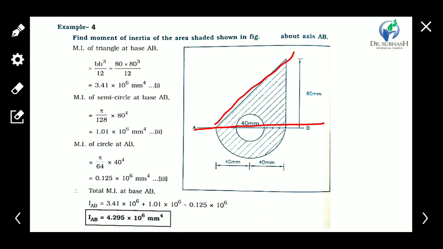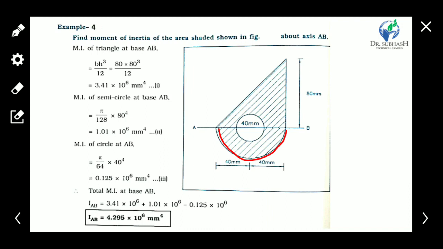From the figure, AB is at the base of the triangle, and similarly AB is at the base of the semicircle. So we have direct equations for the moment of inertia about the base.